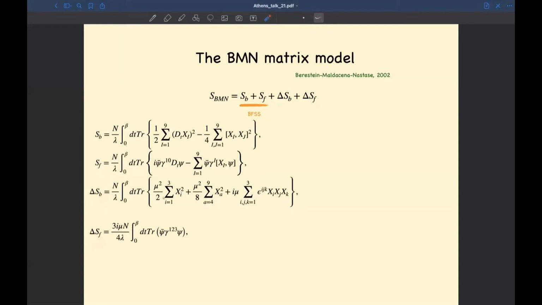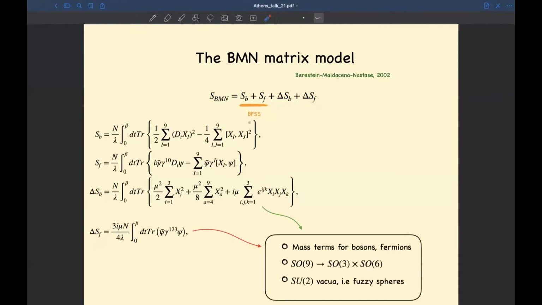Now, before discussing simulations, let's talk a little bit more about the details of this model. It gives mass terms to bosons and fermions. In addition, it is interesting because the addition of these terms breaks the original SO(9) symmetry, which is in this line. So here you see that I and J run from 1 to 9.